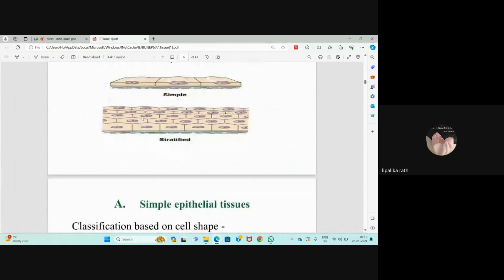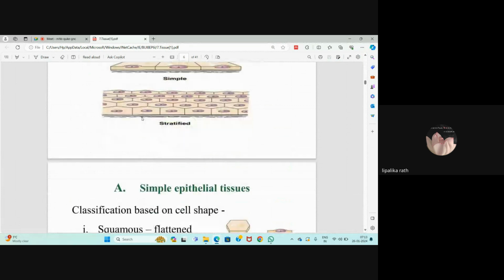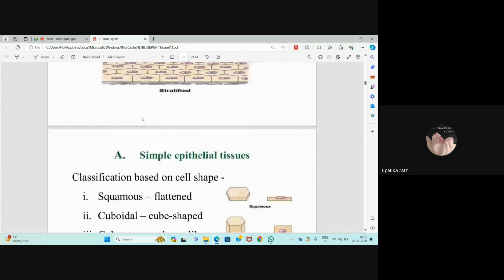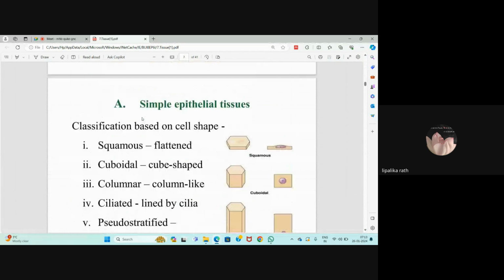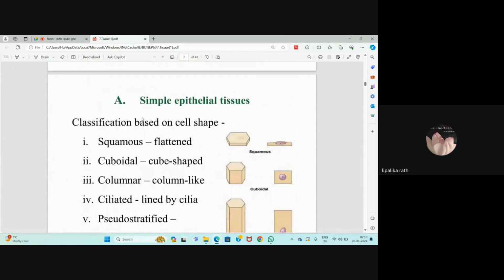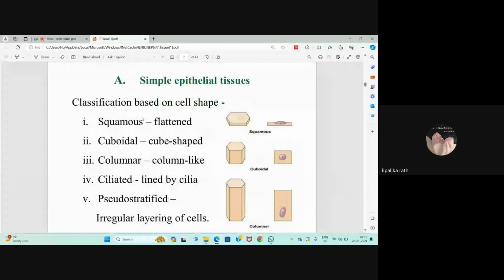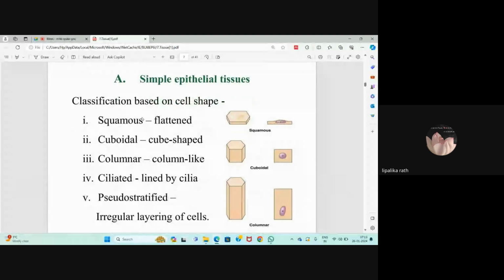Simple epithelial tissue: squamous is flattened in shape, cuboidal is cube shaped, columnar is column like, and ciliated is lined by cilia. Cilia are hair-like structures; tissue lined by cilia is called ciliated.